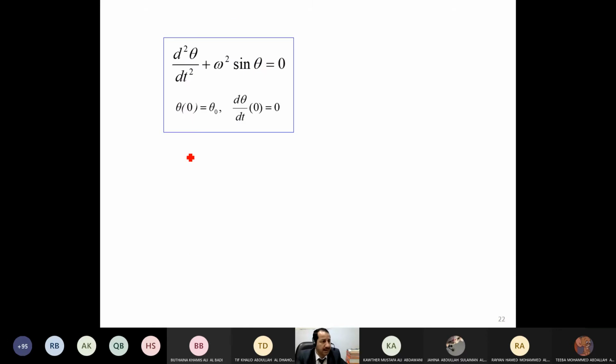Another example. Here, as you can see, I differentiate twice. So this is a second order differential equation. To the right, we have 0. This is homogeneous. And there is no problem with linearity. No, there is a problem. Have a look. My variable here is theta, and since theta came with sine, it is nonlinear.